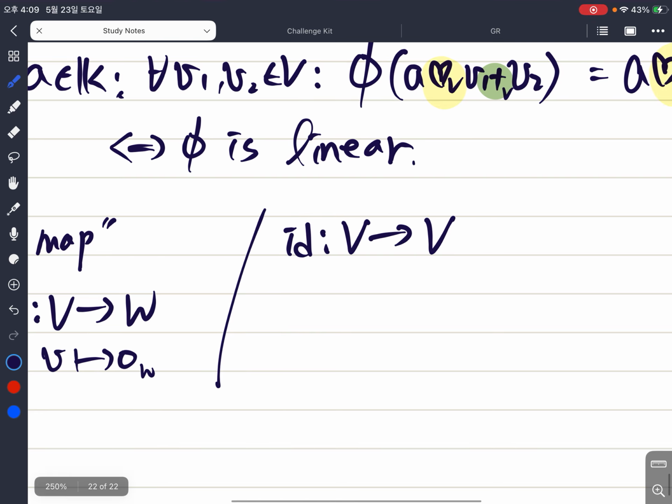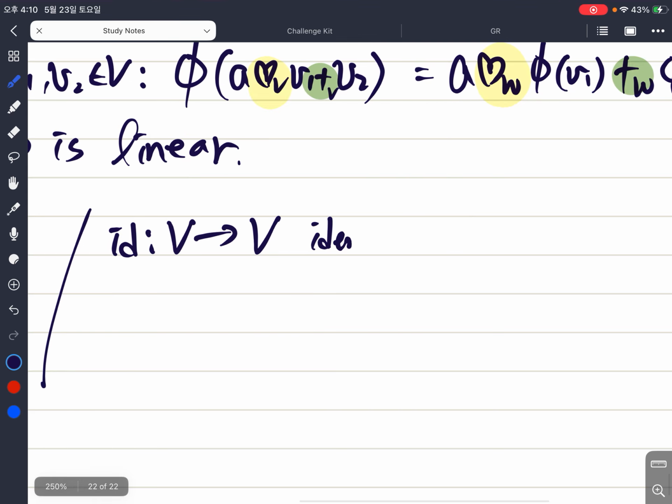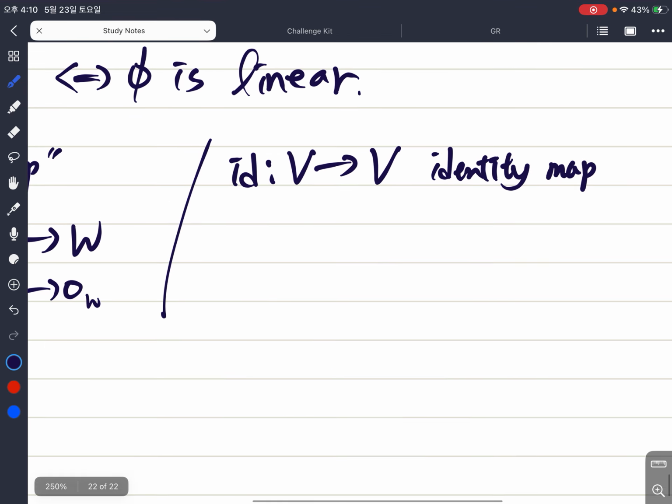It is a homomorphism into itself. Do you remember what the name of it is? It was endomorphism, if I remember correctly. Yes. So this is the identity map, which is just id of v is v. To specify the domain, I write V. It is just like everything becomes itself.